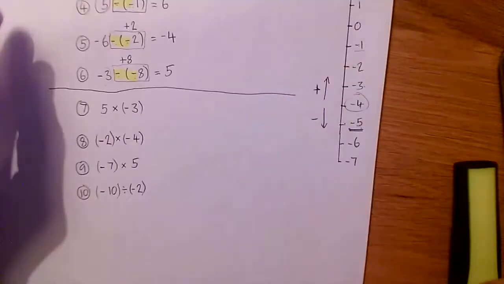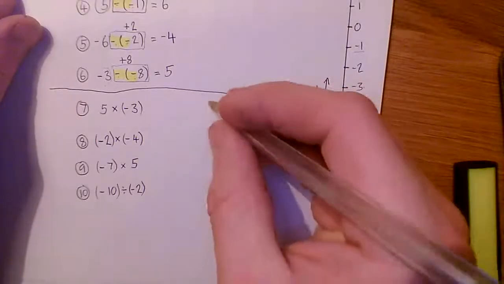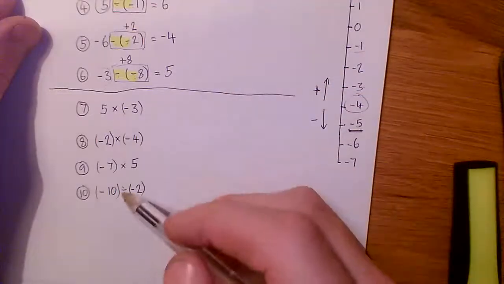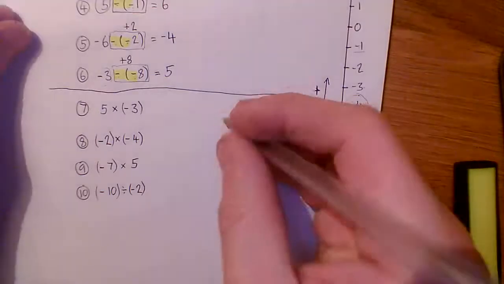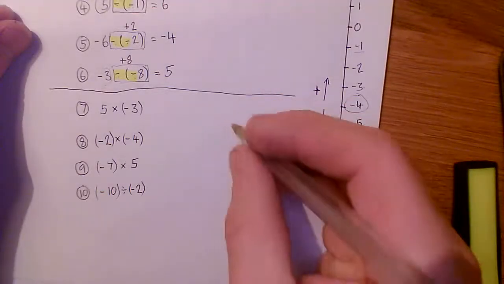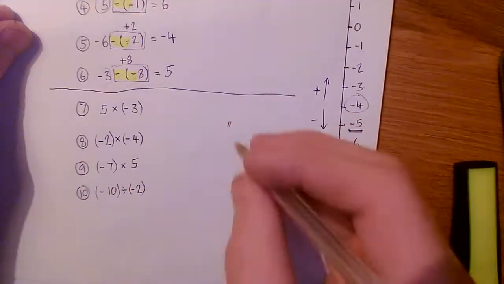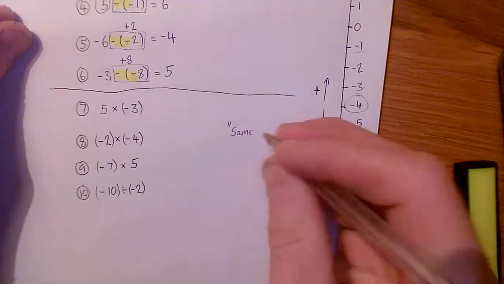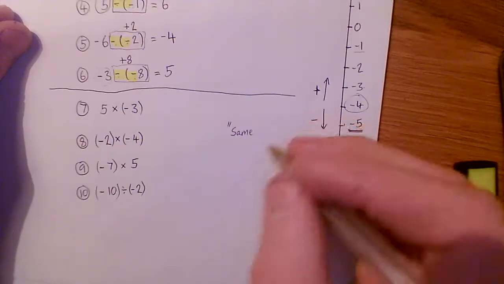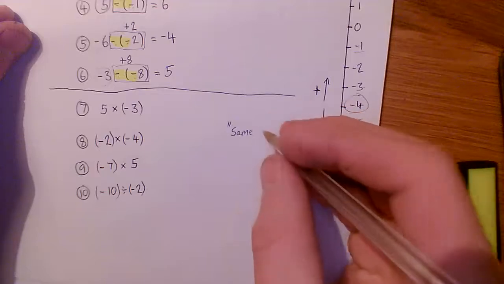Now, this is why people get confused. It's because of the timesing and dividing negatives. That's when it can have an effect. There is a nice little way to remember what's going on when you're multiplying or dividing. As I say, only for multiplying and dividing.